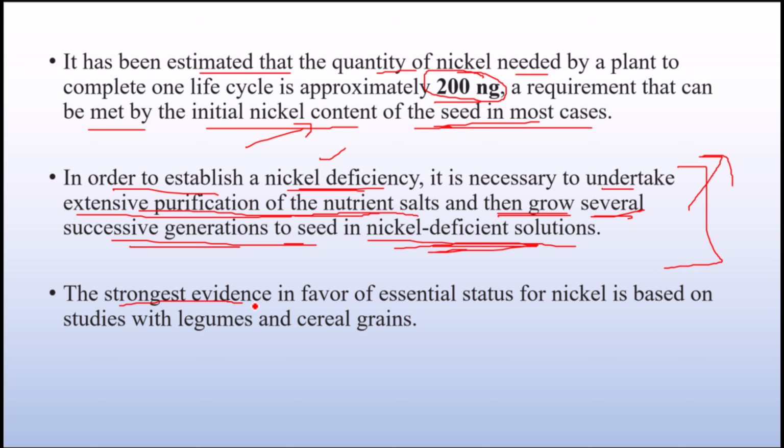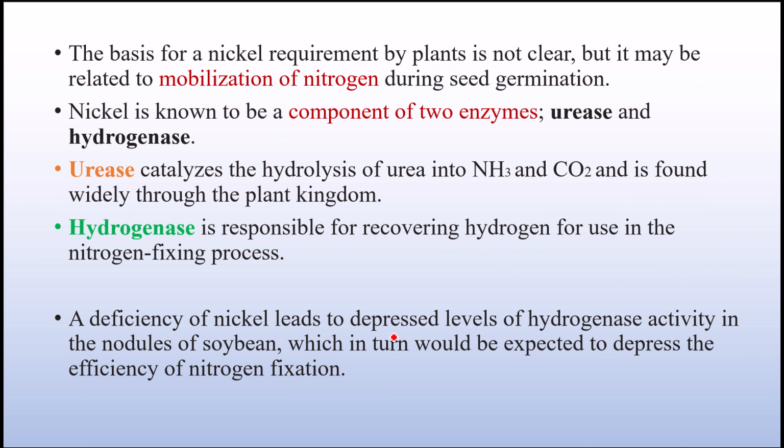The strongest evidence in favor of the essential status of nickel is based on studies with legumes and cereal grains. The basis of the nickel requirement by the plant is not clear. Again, it is required in very small amounts. The requirement may be related to the mobilization of nitrogen during seed germination.